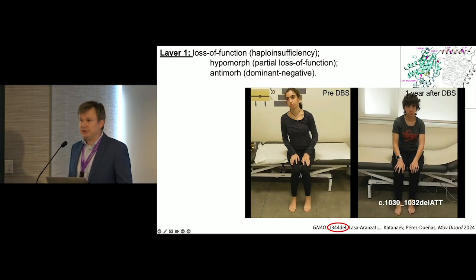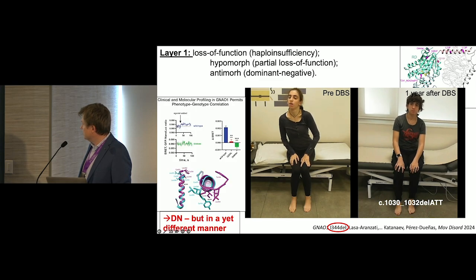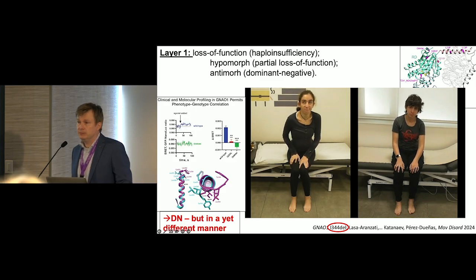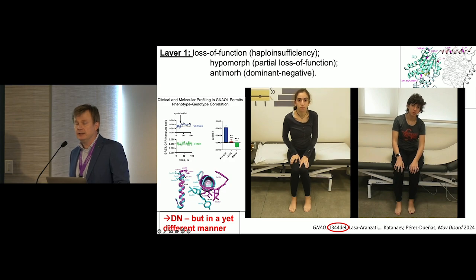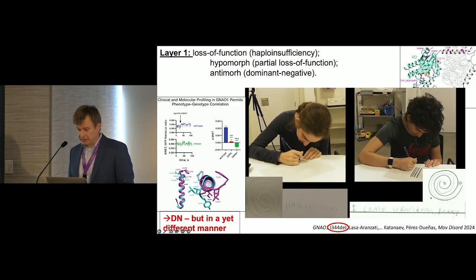Then there is a mutation in the girl present here, sitting in the audience. It's a mutation found in the Spanish cohort, which is a deletion of one particular amino acid, isoleucine 344. And you can see that the manifestations are mild again. The disease is late onset.